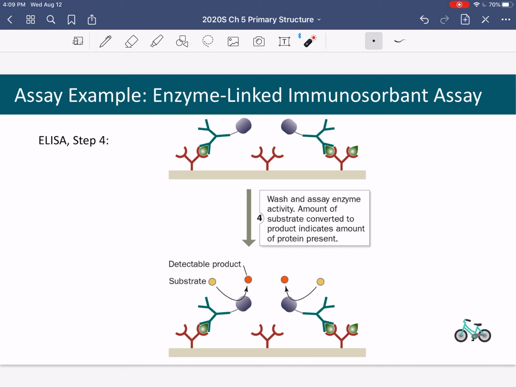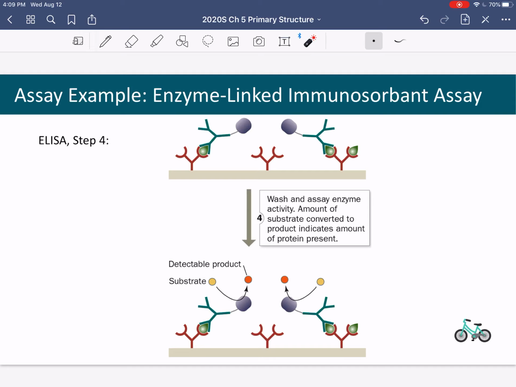Okay, after you've washed, you then assay or assess the presence of the covalently linked enzyme, because that's the only thing that's going to light up a change in color. Your protein didn't do it. Neither of the two antibodies can change color.